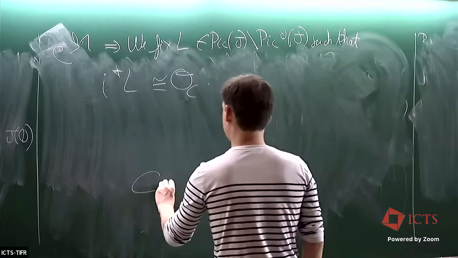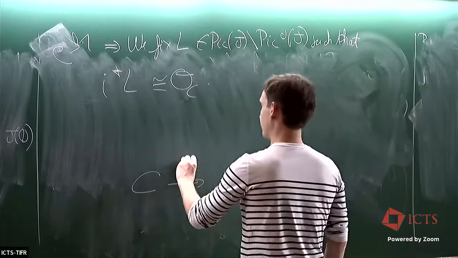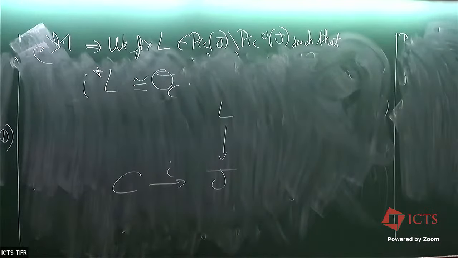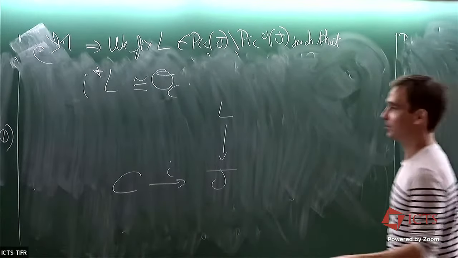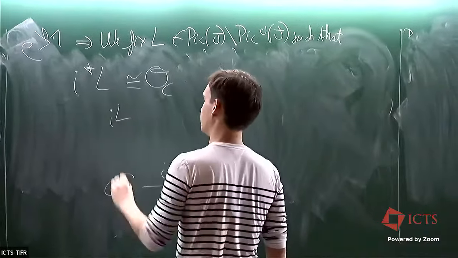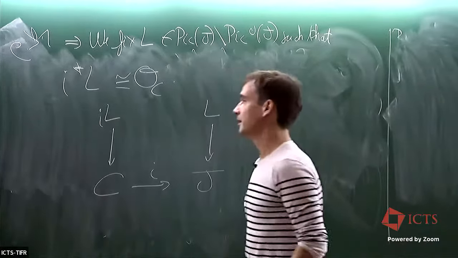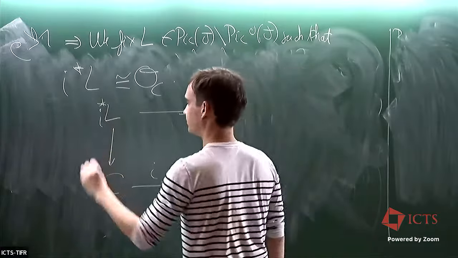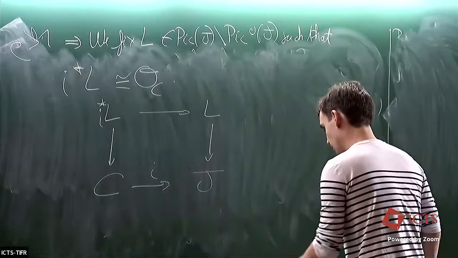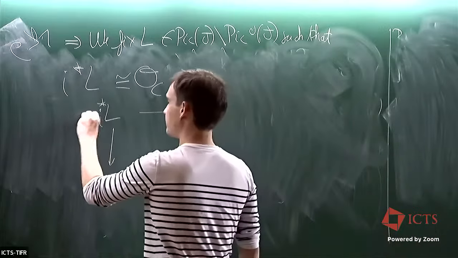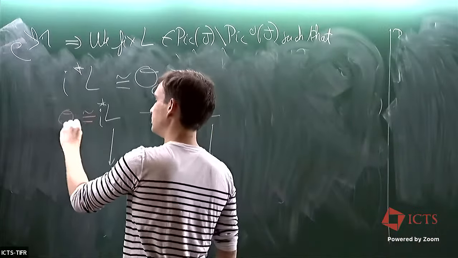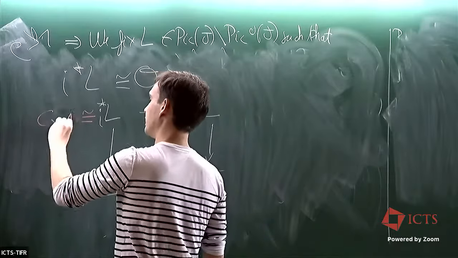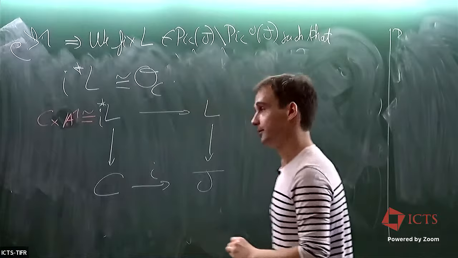So I'll draw it. This is ι. L lives here, all right? If you remember, the pullback is something living above C. There is a map naturally defined here. Okay, but now what I know now is that this is isomorphic to O_C. So in other words, as a line bundle, I can say it's isomorphic to C times A1 here.